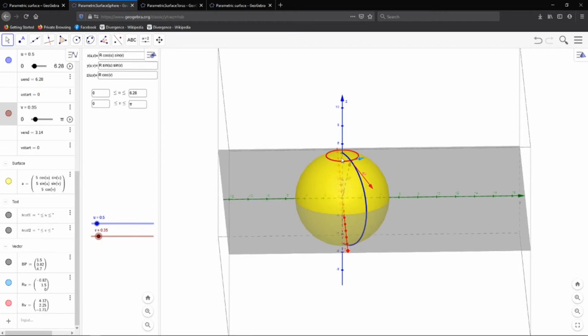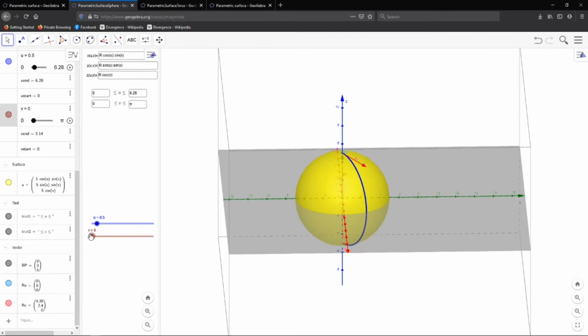So this rv here is for fixed values of u, where v is that angle from the z-axis. So the derivative of the position vector with respect to v is giving us a vector that's pointing tangent to the curve in the direction of increasing v. The tangent vector is pointing like that, or tangent to the surface.